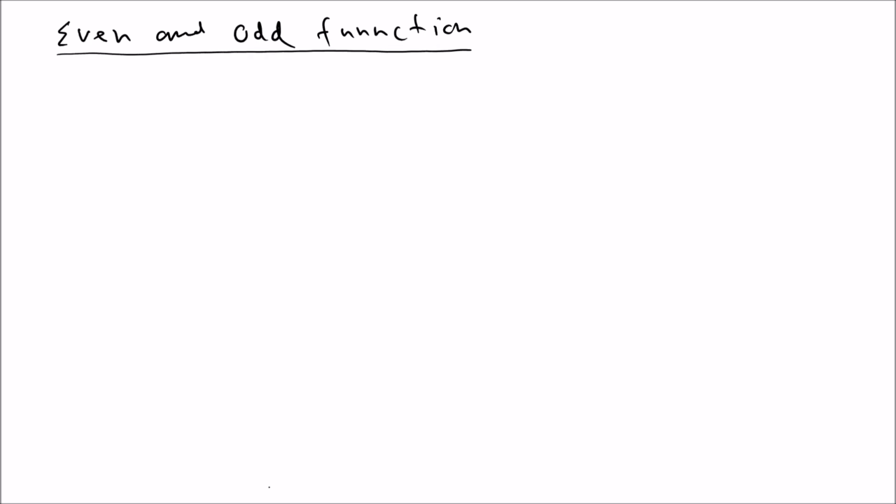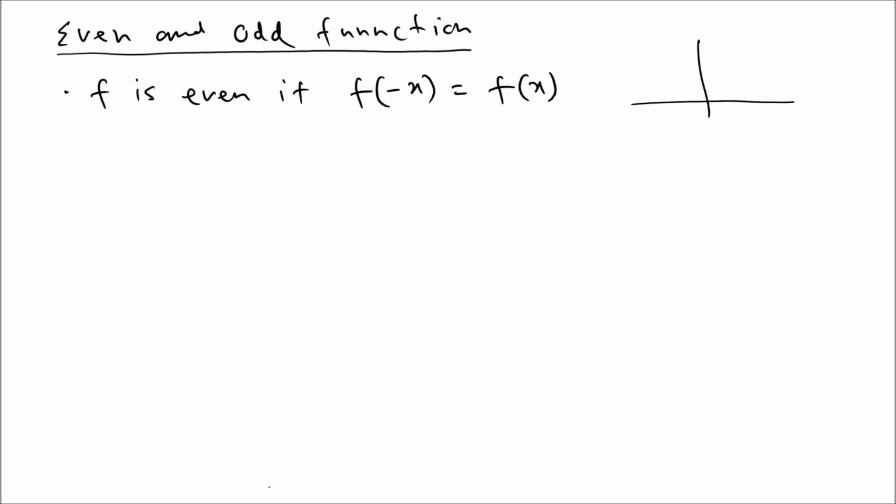So what's an even function? f is an even function if the negative value is exactly equal to the positive value. So that means in the graph the function looks even. That's why we call it an even function.